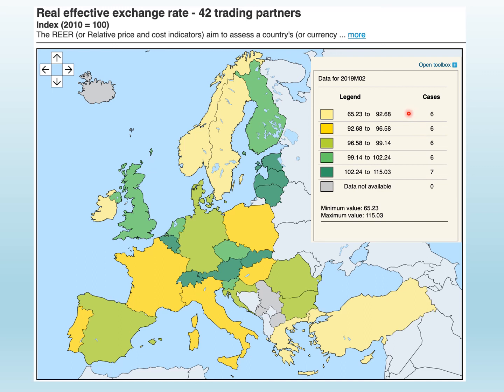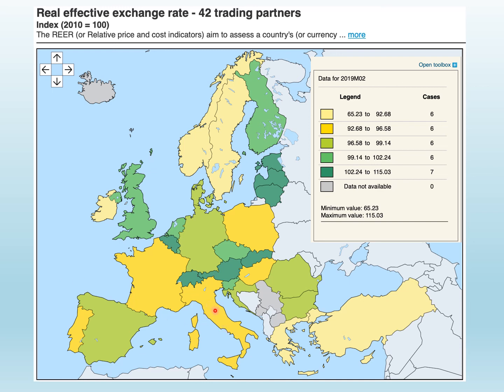So if we start with the light yellow for those countries which are highly competitive, you can see that some of the Scandinavian countries are highly competitive. I know they're not in the Eurozone, but they are highly competitive within the context of Europe. And Ireland is also highly competitive here. Within the Eurozone, which is the interesting part of this, again, I repeat myself, because the exchange rate is fixed, what we're seeing is Portugal, France, Italy, and others over here as being highly competitive, and that's because prices are down.